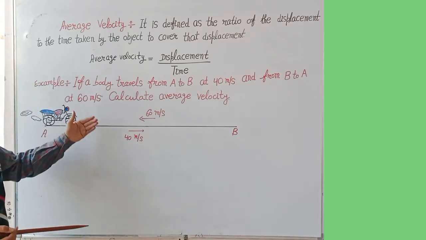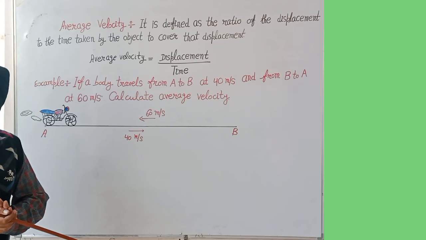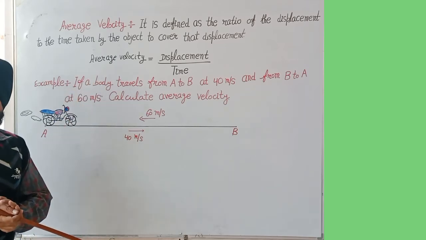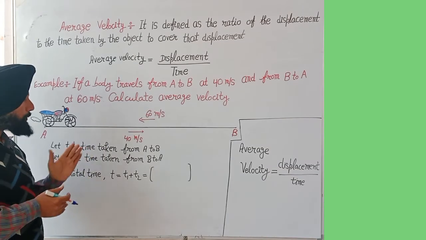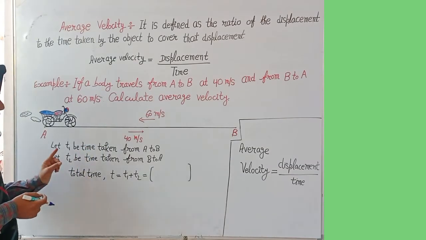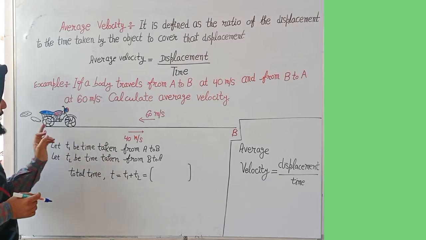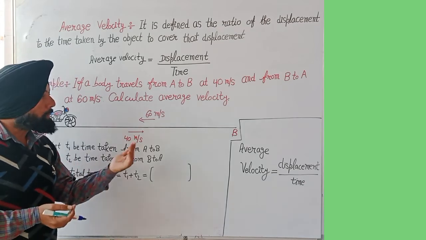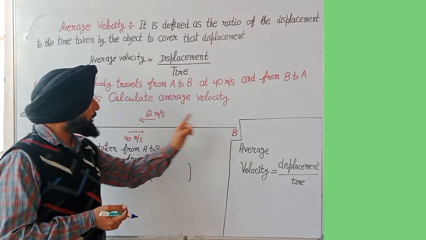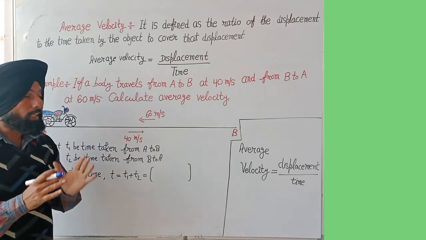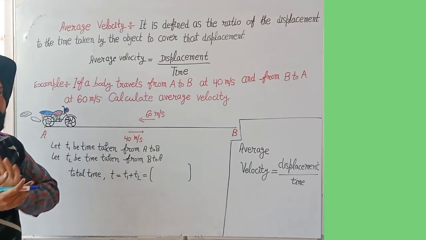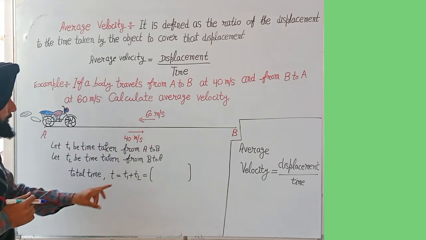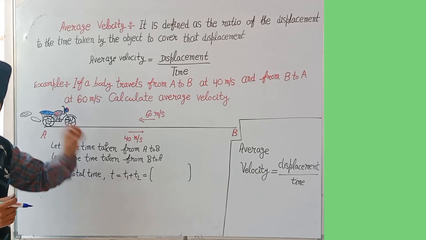Now we will solve this numerical and see what the average velocity will be. To solve this problem, first of all, let t1 be the time taken by the bike from A to B, and during the return from B to A it takes the time t2. Now the total time from A to B and B to A is t1 plus t2.